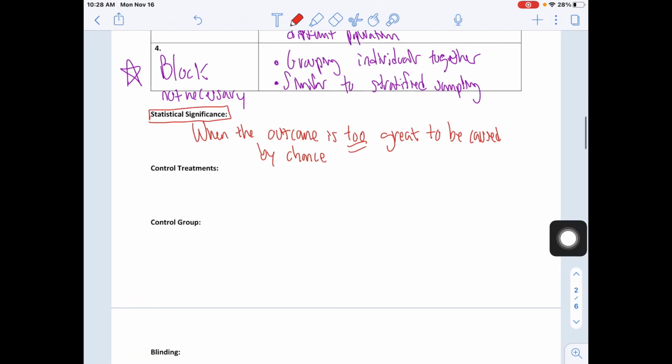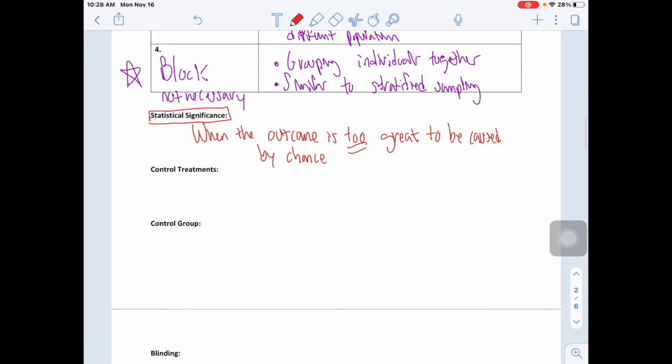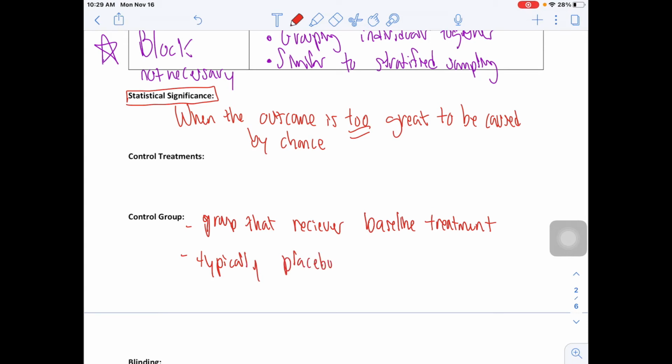Control treatments, like I said, this is like the control group. Well, actually, let's define control group first. This is the group that receives baseline treatment, and we can say typically it's a placebo.